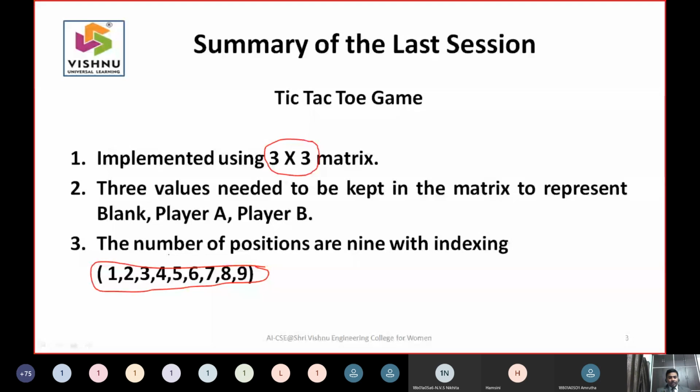What values can be kept in that matrix is how you implement this program. I need a blank to represent that nothing is in the cell, some value to represent A, and some value to represent B also. This is what we have done in the last few classes.